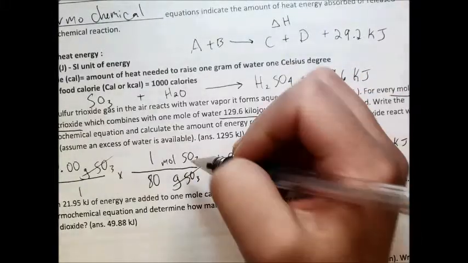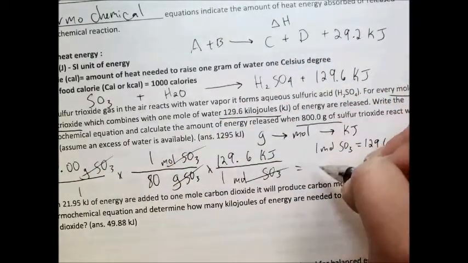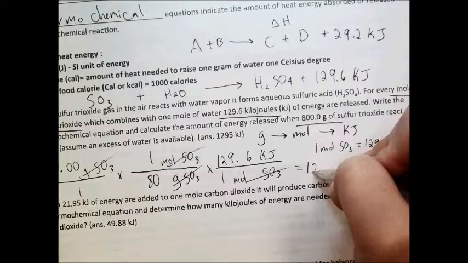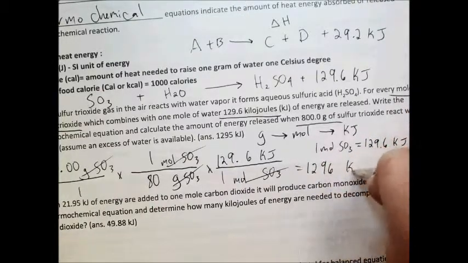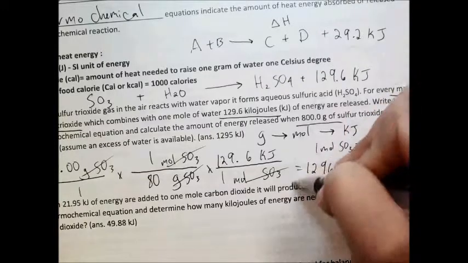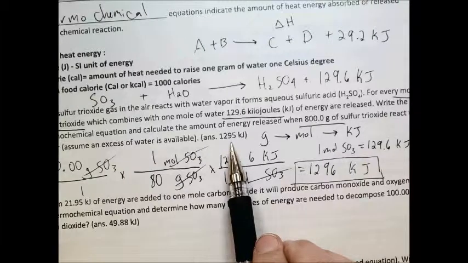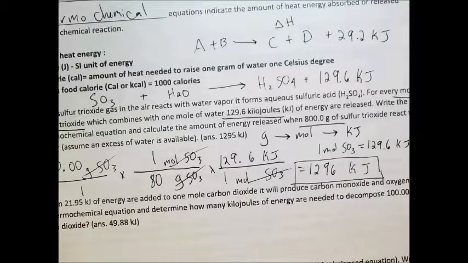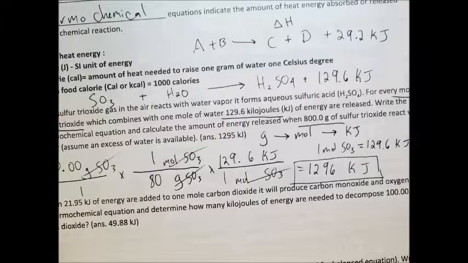At that point, it's a matter of multiplying across and simplifying, and you would find about 1,296 kilojoules. So this answer that's given is a little bit off, but it's very close. If you do the math, you get 1,296 kilojoules.